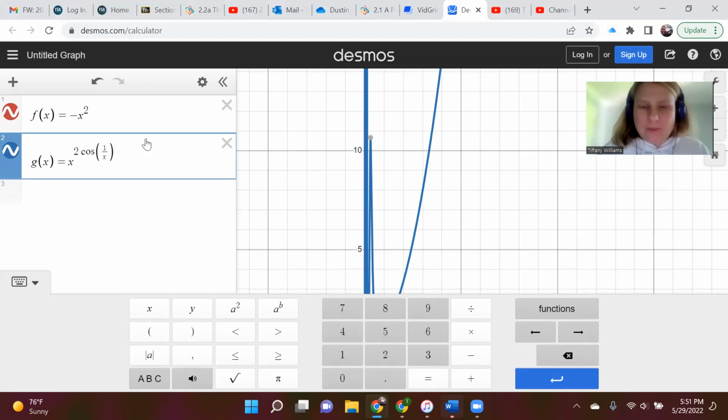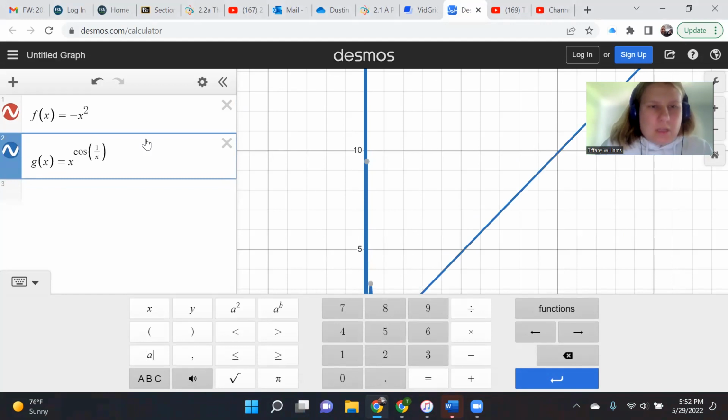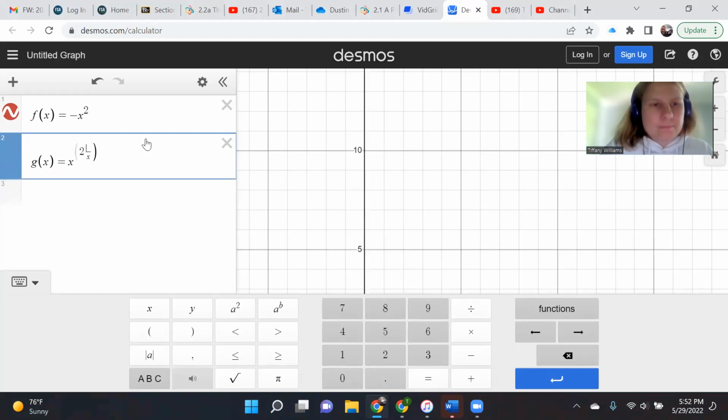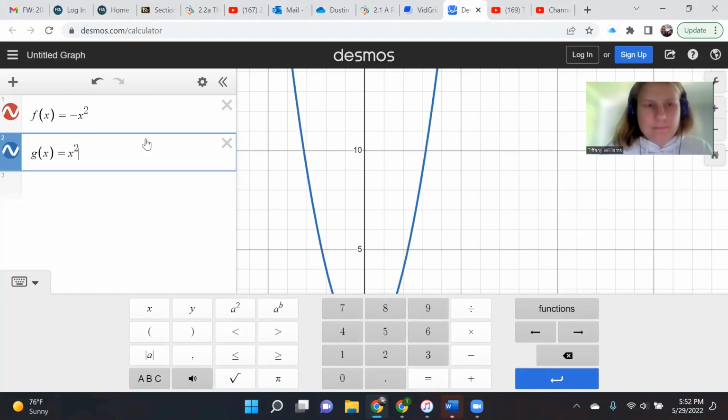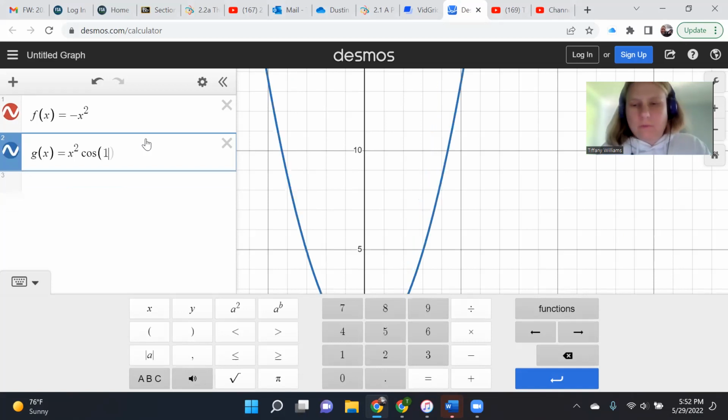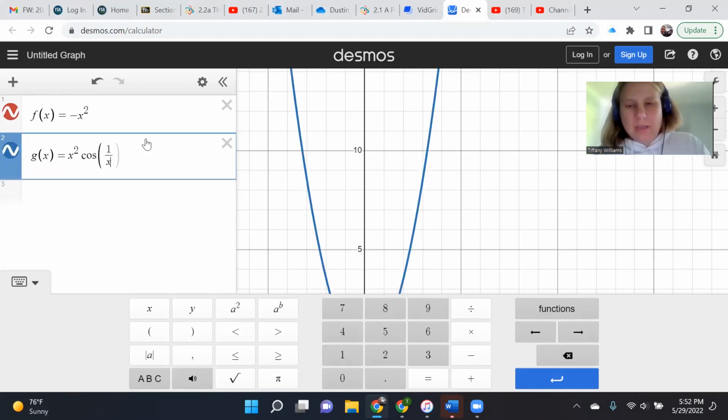And I'm going to have to go back and fix this because it did something really weird. Okay, try this again. Cosine of 1 divided by theta.